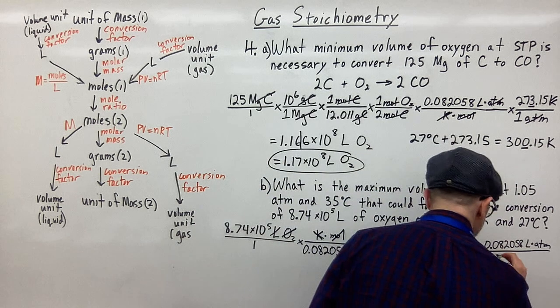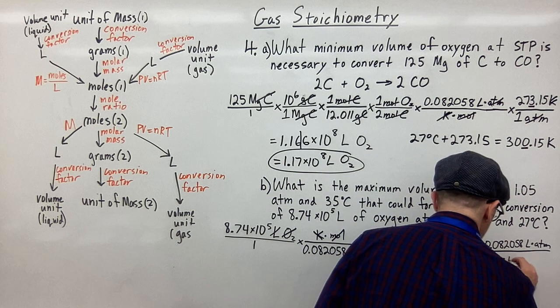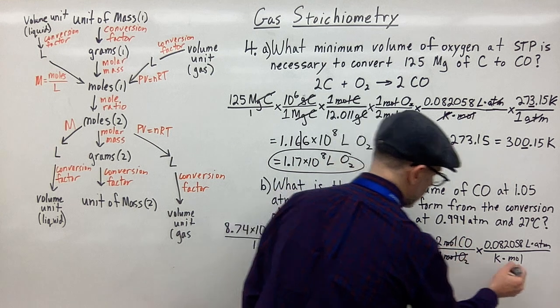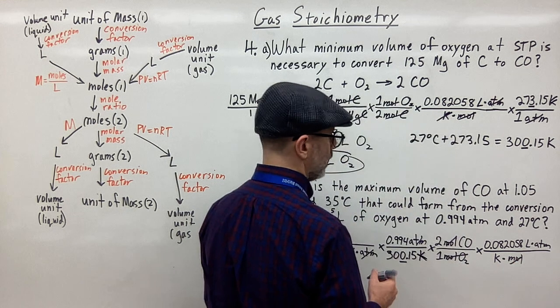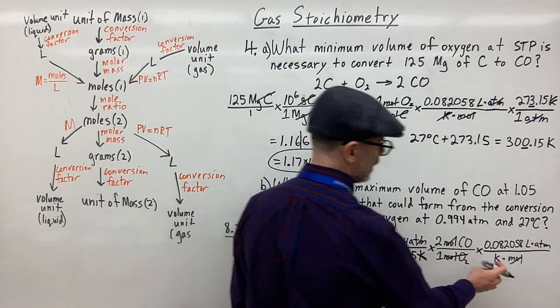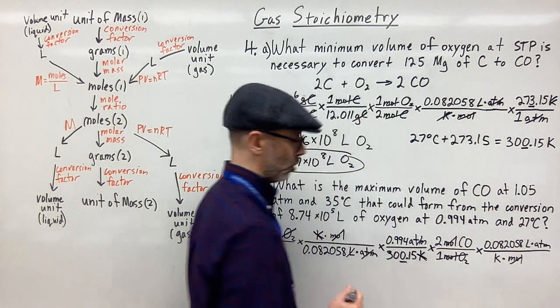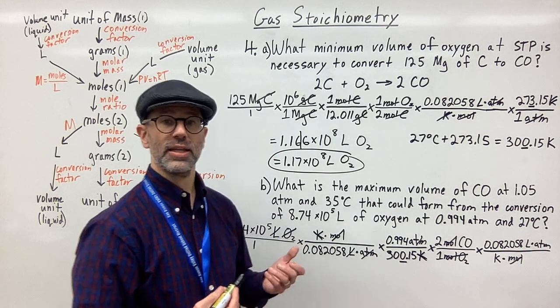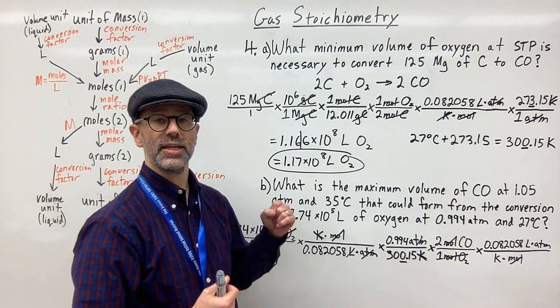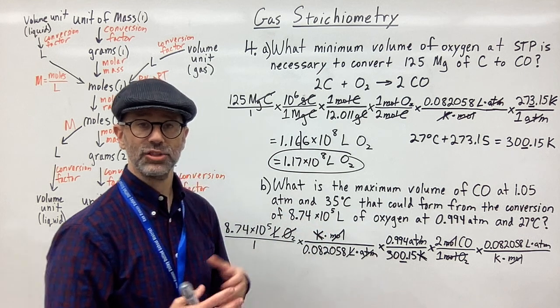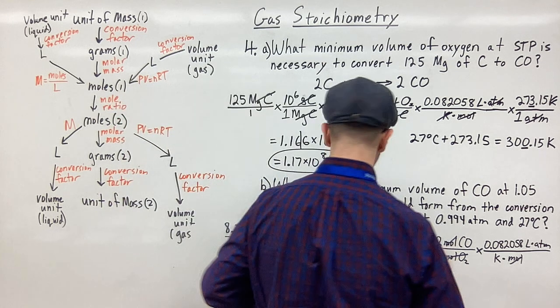And then I'm going to put Kelvin mole on the bottom. So moles are going to cancel out. And so now I want to cancel out Kelvin and atmosphere to leave behind liters. So this is where I'm going to use the liter. I'm going to use the Kelvin temperature and the atmospheres to cancel that out.